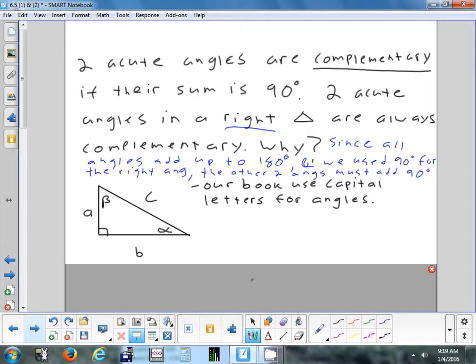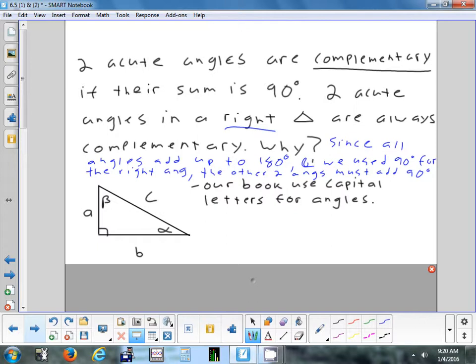Okay? Now, our book does it a little different. They're going to use capital letters for the angles. Why do you think that could be a bad idea? Certain letters might look the same, like S's and Z's. So like capital C, lowercase c, you wouldn't be able to really tell the difference.